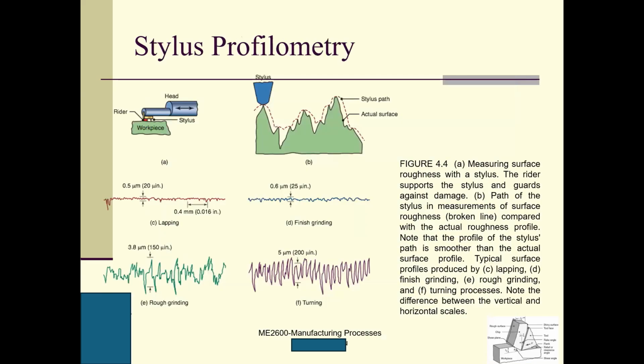So the Surftest is a profilometer. It is used to measure the surface roughness. To measure the surface roughness we use the Surftest. I don't know whether we have this in our machine shop or not. We have this in our machine shop? Oh, okay.